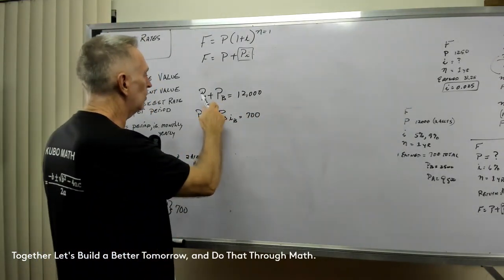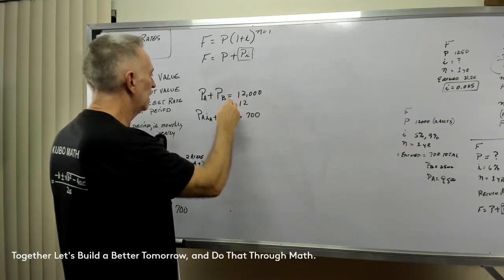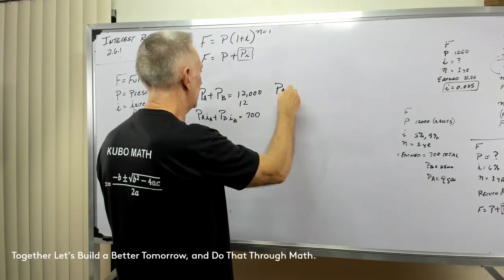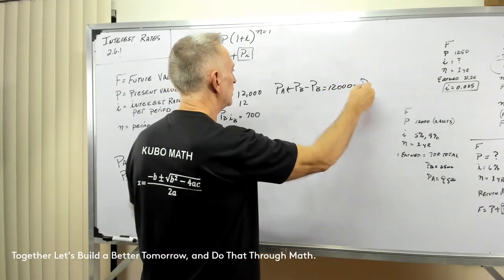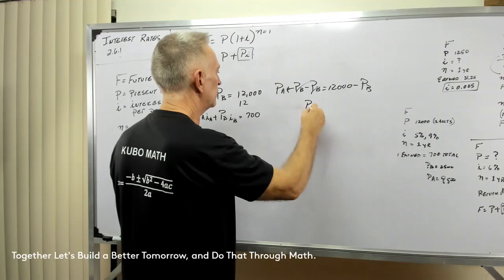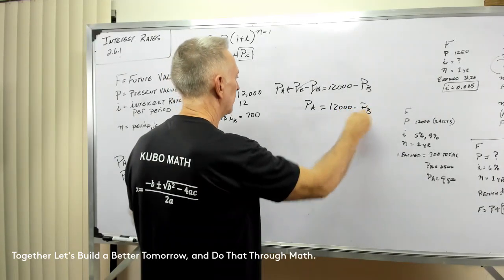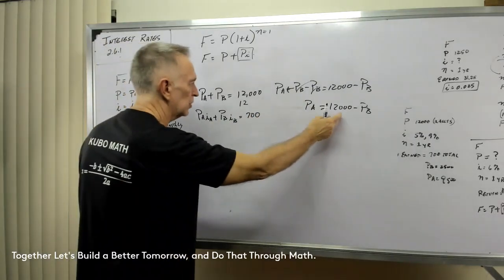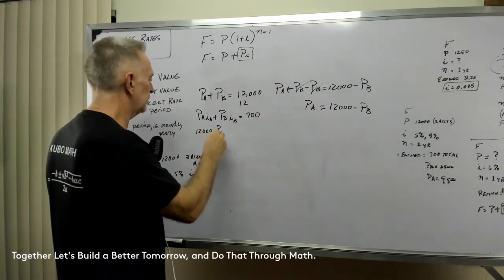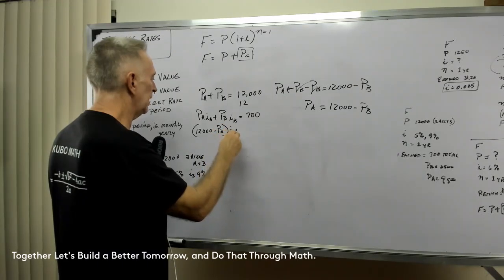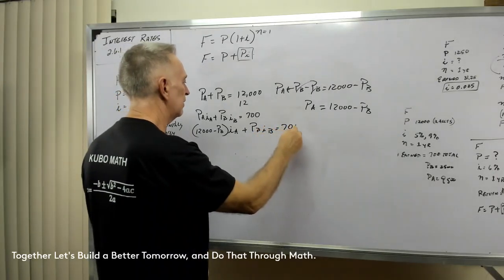Okay, well, now we have two equations, two unknowns, but we could say, P sub A plus P sub B minus P sub B equals 12,000 minus P sub B. P sub B cancels, so P sub A equals 12,000 minus P sub B. So I can go back to this equation and substitute for P sub A, because that equals 12,000 minus P sub B, and that's times I sub A plus P sub B times I sub B, and that equals 700.